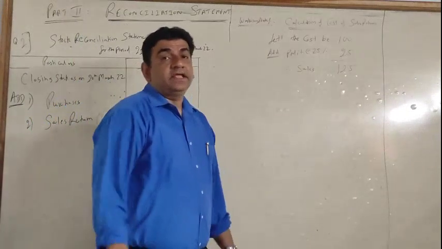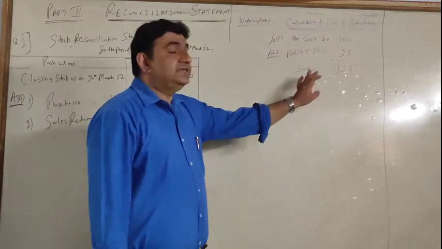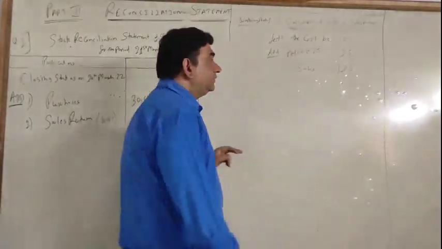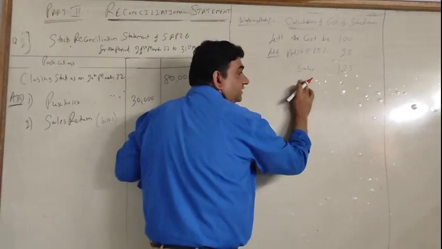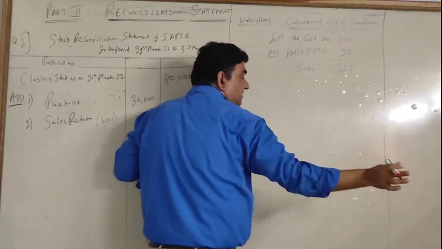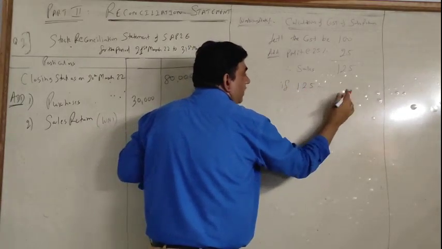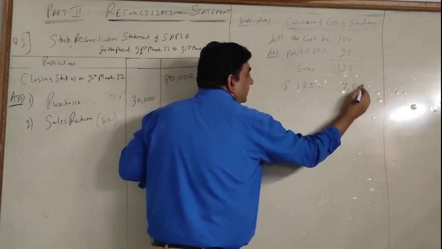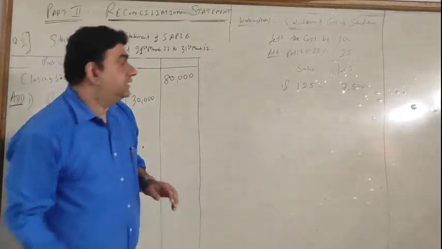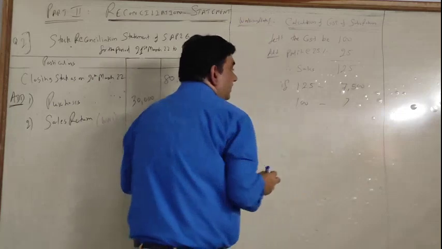Now listen. This figure of 7,500 of sales return is at sales price. What I want to find out is cost. So in terms of the equation, sales is 125, cost is 100. I know the sale price. So if 125 is 7,500, I want the cost. What is my cost? 100. So 100 is how much?